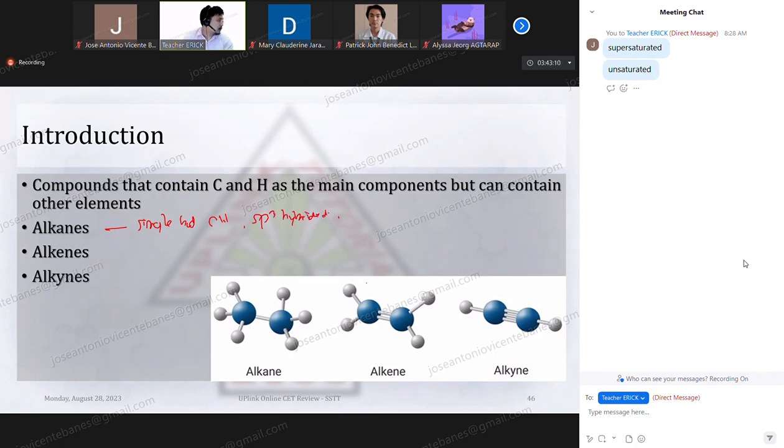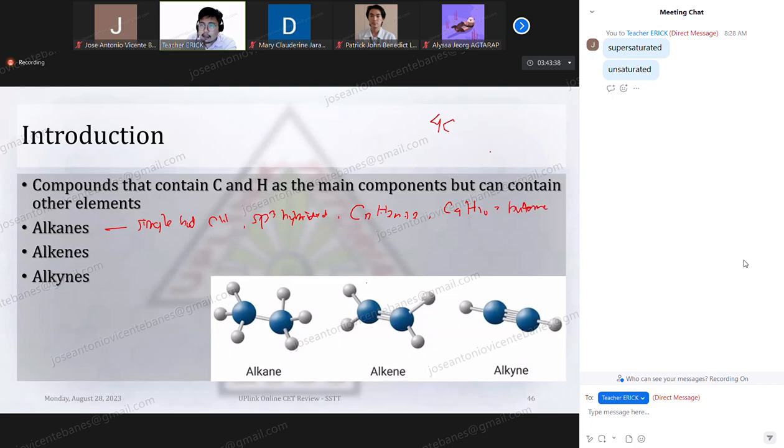If you want to get the correct alkane formula, the formula for alkane is CnH2n plus 2. So for example, if you have 4 carbons, then C4, H2 times 4 is 8 plus 2, then C4H10. And this is what you call butane.